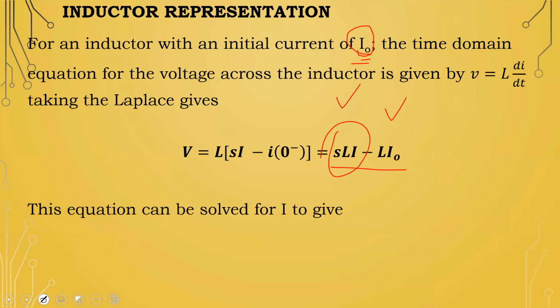So if we want to find the current, we divide through by sL, or we have V plus L I0, and then divide through by sL to give us I equal to V over sL plus I0 over s.